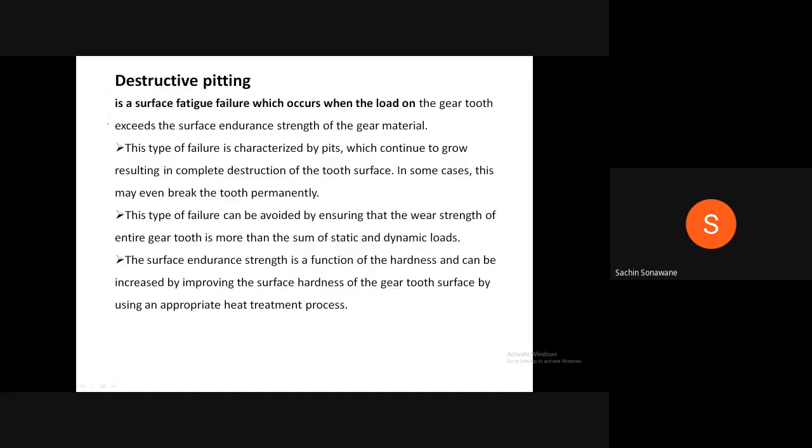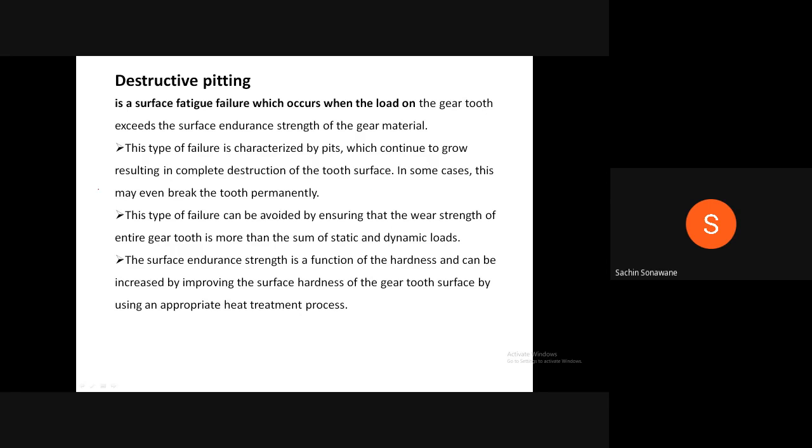Destructive pitting is a surface fatigue failure which occurs when the load on the gear tooth exceeds the surface endurance strength of the gear material. This type of failure is characterized by pits which continue to grow, resulting in complete destruction of the tooth surface.